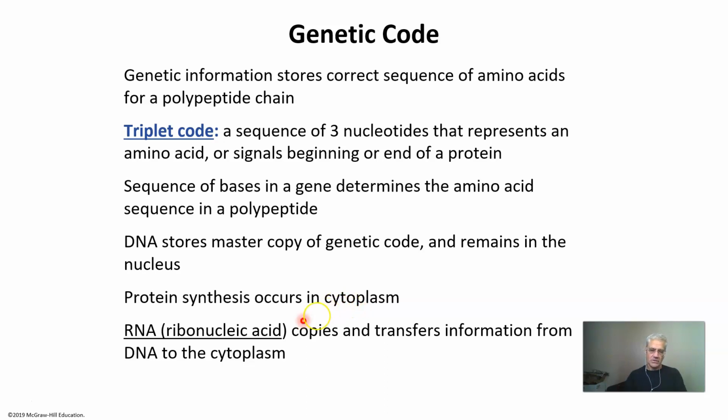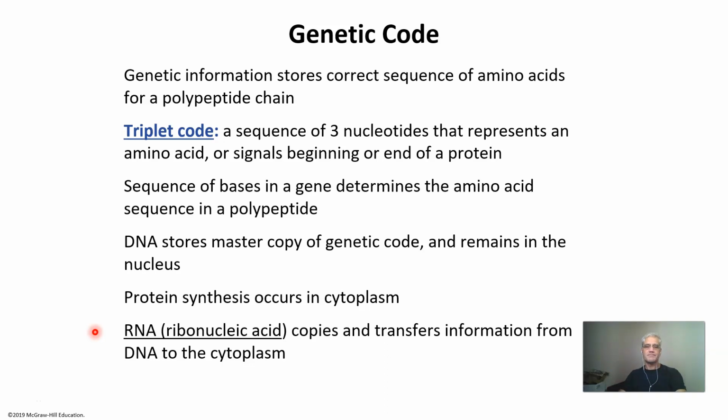That nucleic acid is called ribonucleic acid, or RNA. RNA is a kind of nucleic acid that can move from the nucleus into the cytoplasm. DNA stays behind. RNA can move into the cytoplasm and direct the production of proteins.